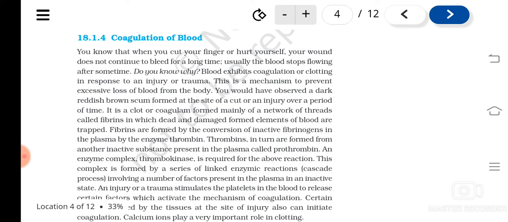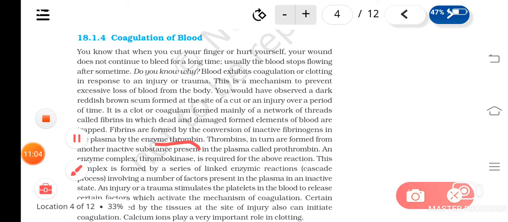Understood? Now, the fibrins are formed from fibrinogens in the blood plasma by an enzyme called thrombin. Thrombin converts fibrinogen to fibrins. Thrombin in turn is formed from another inactive molecule called prothrombin. Prothrombin gets converted to thrombin, and this process is catalyzed by another enzyme complex called thrombokinase.